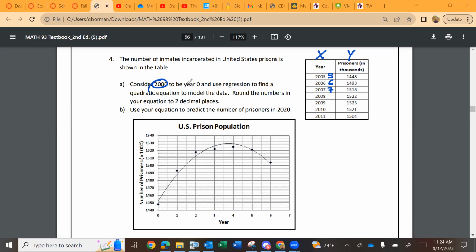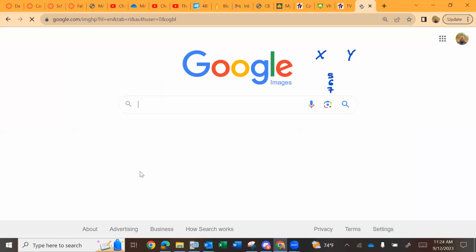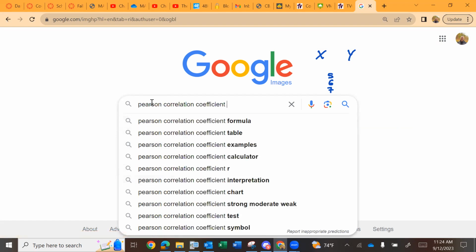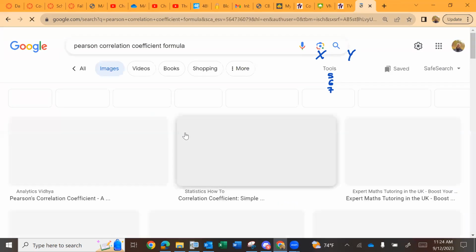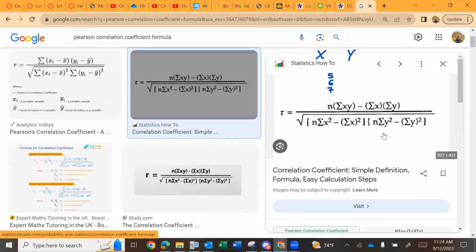That reminds me, I was going to show you something super cool. I'll just do it now. Here is the Pearson correlation coefficient formula. This is one of the formulas that your calculator is doing for you when you do the regression.